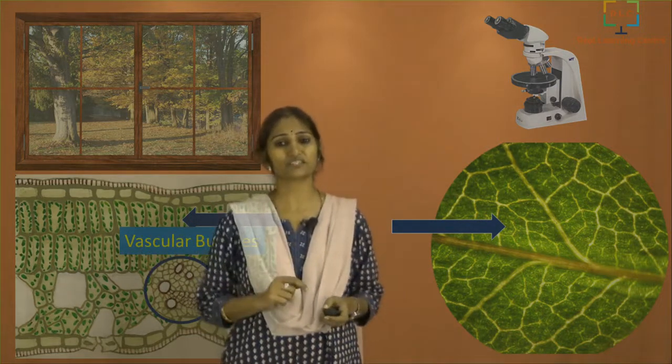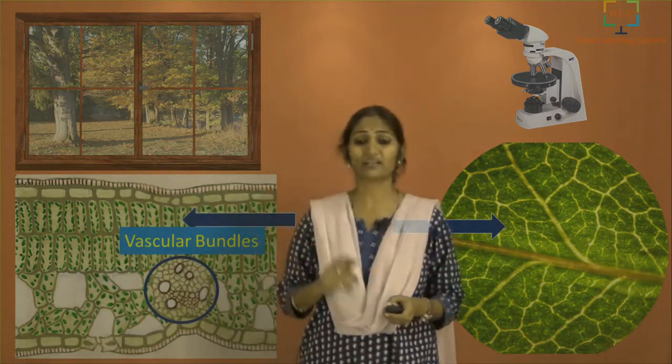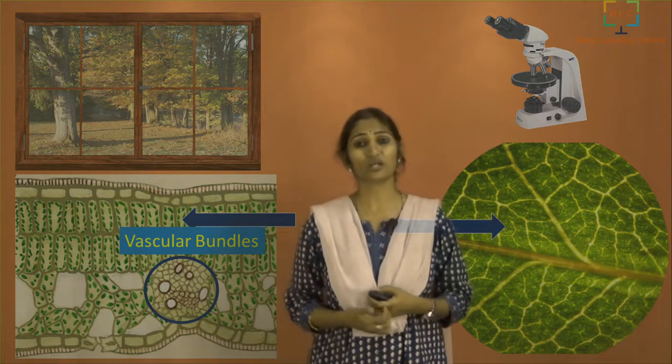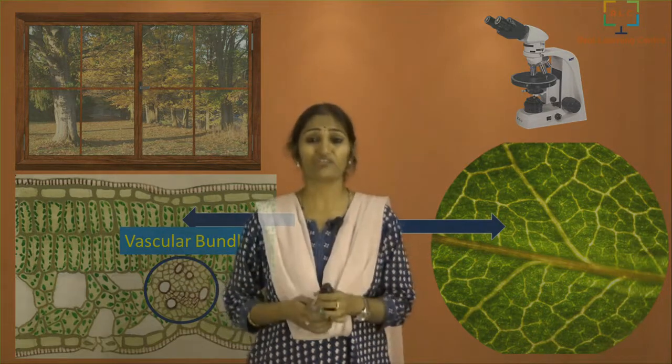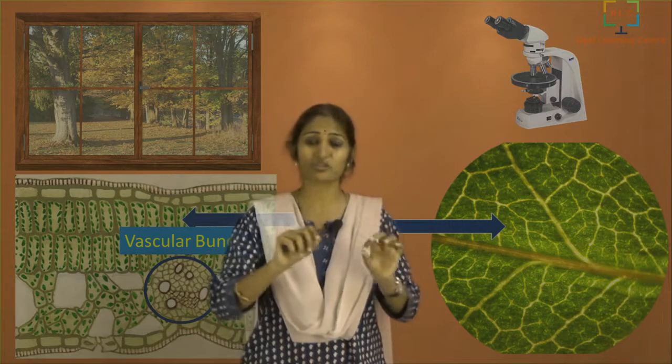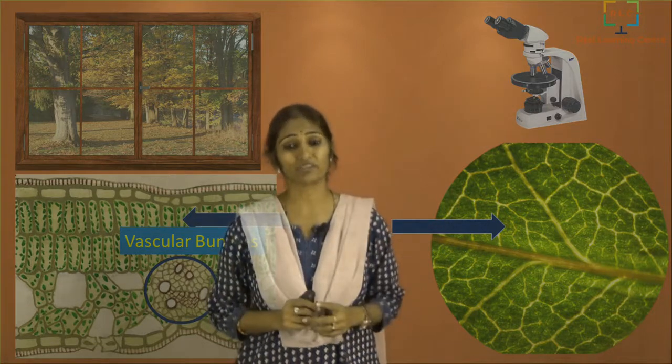Just below that I can see rows of cells, all of them having some green colored structure present inside. But I can see one brown colored structure that is present here, and that is our vascular bundles. Now what are these vascular bundles? These are actually the bundles which gave us the venation, the pipings and the tubings that we saw earlier.